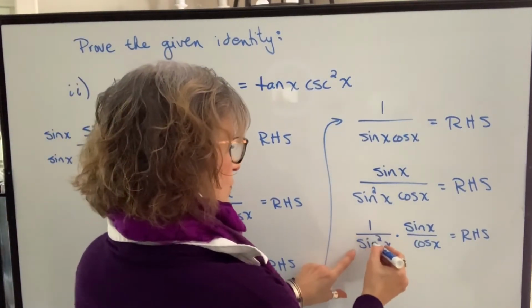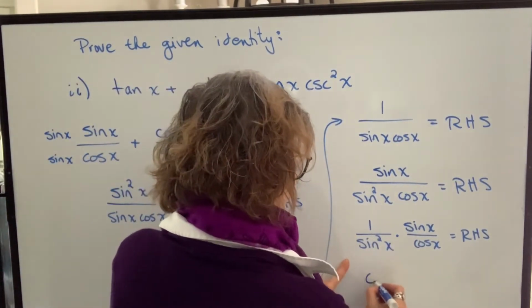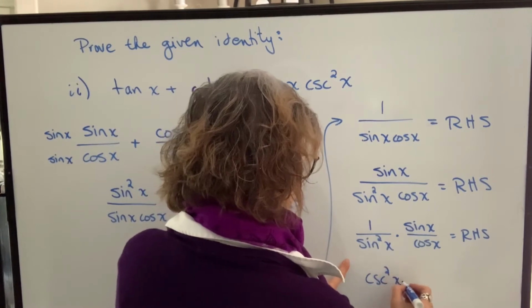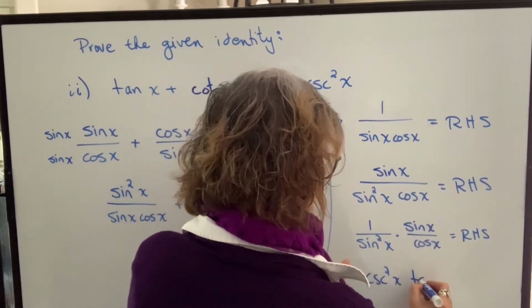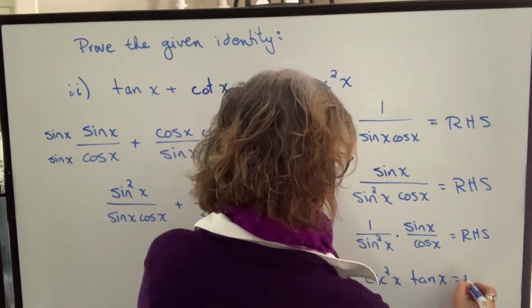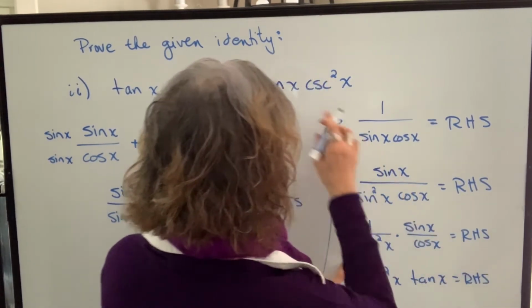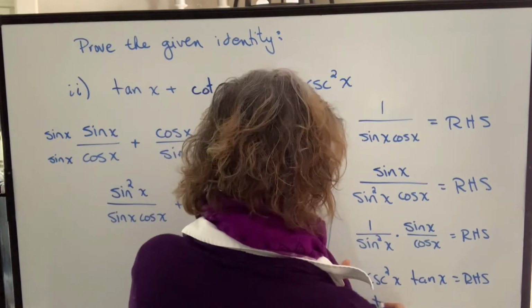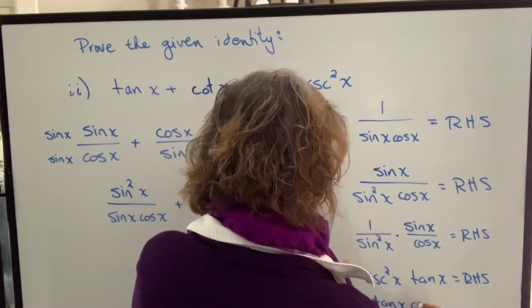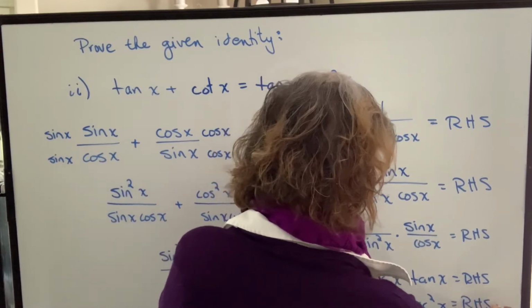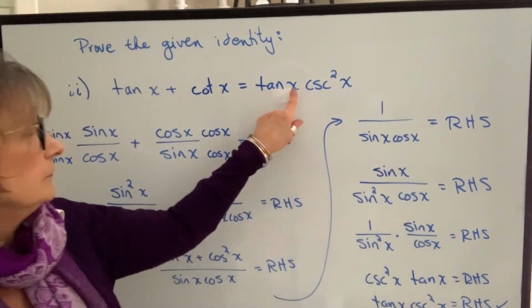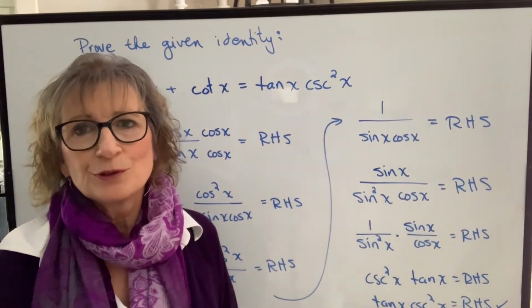Now I can express 1 over sine squared x as cosecant squared x. Sine of x divided by cos of x is tangent of x. And if we want to have it exactly in that form, I can just change the order. It's identical, so I'm done my proof.